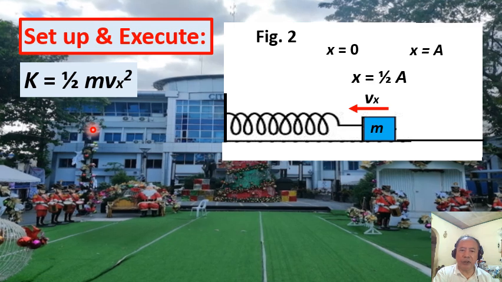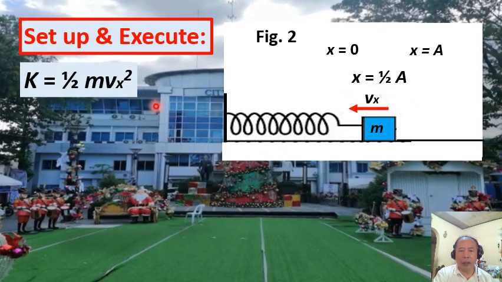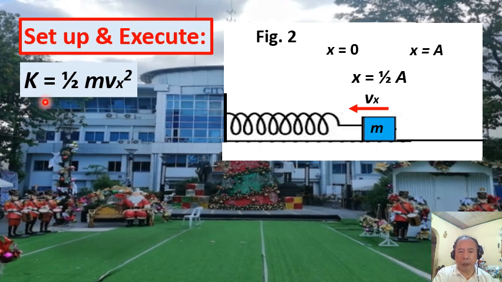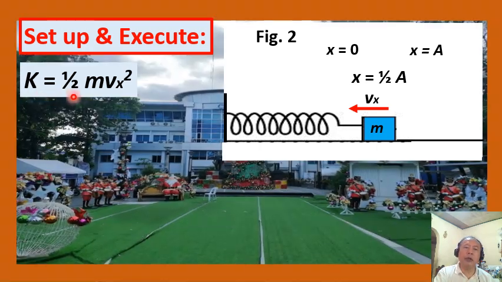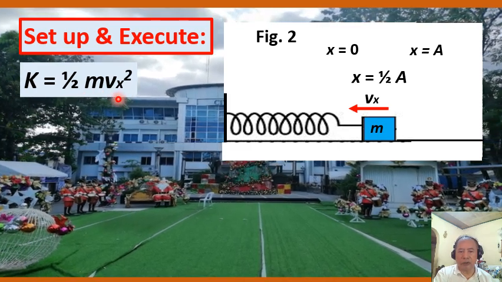The kinetic energy of the block at the same position, x equals 1/2 A, can also be computed using the formula. Kinetic energy equals 1/2 times the mass and the square of its instantaneous velocity Vx.